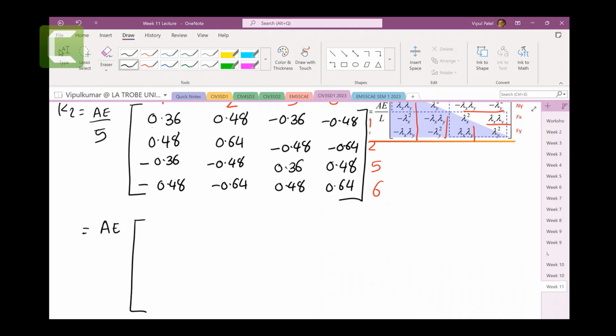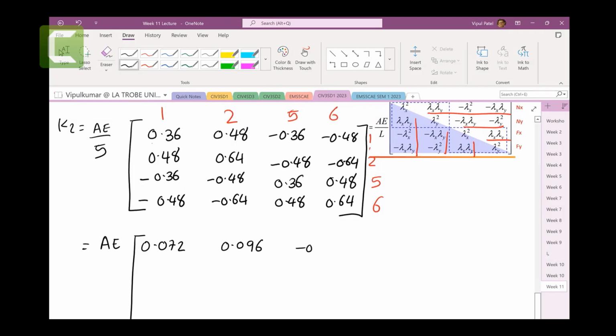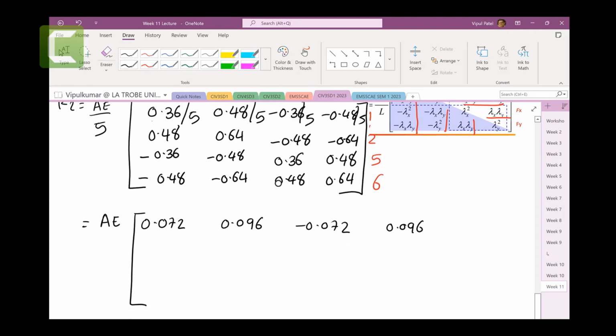So 0.36 over 5 is 0.072. 0.48 divided by 5 gives you 0.096. I'm just dividing everything by 5. Divide by 5: 0.48 gives 0.096. 0.64 divided by 5 is 0.128.